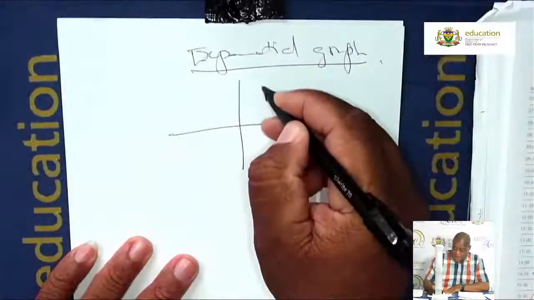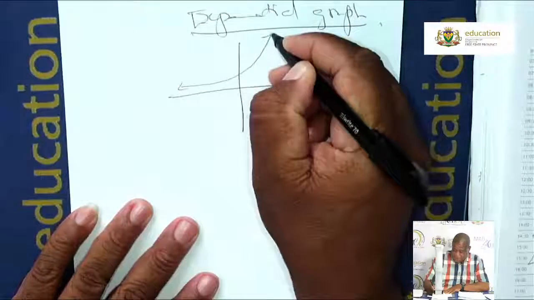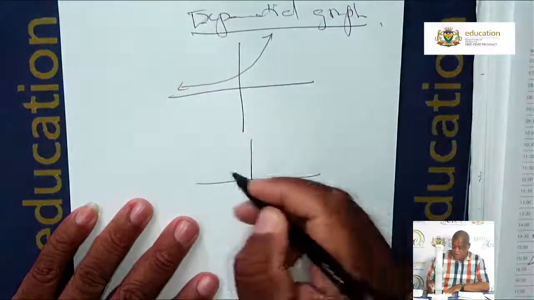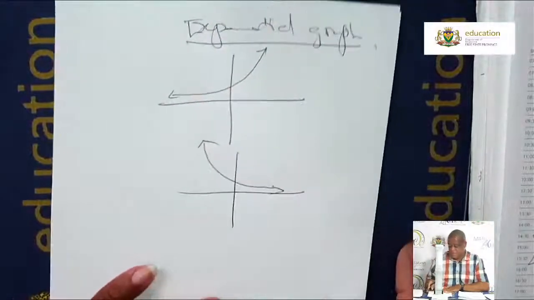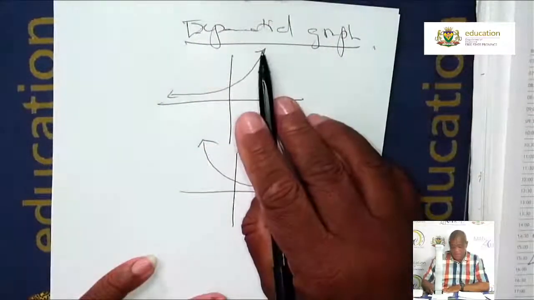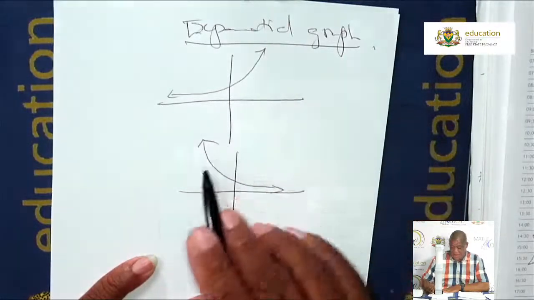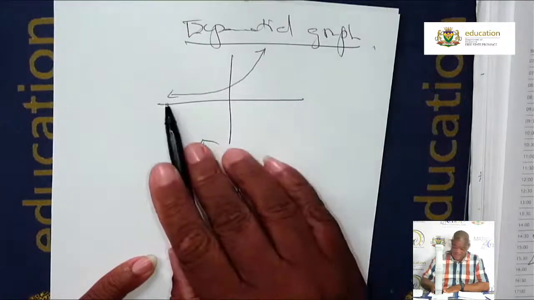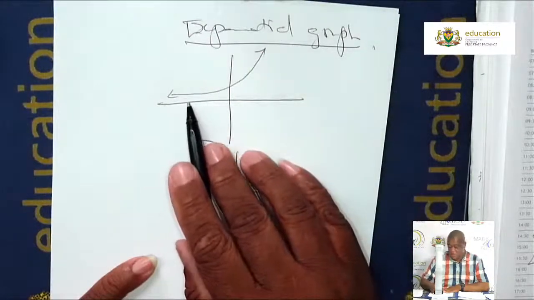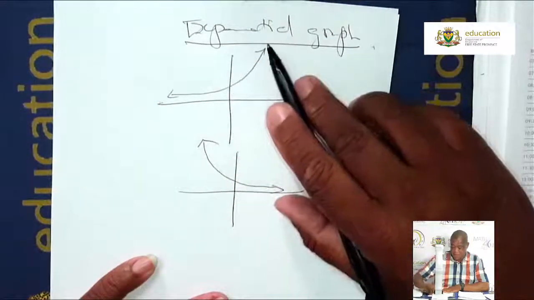It may appear as an exponential graph of this nature, or of this nature. If you look at this one, we say it is an increasing function, whilst we look at this one as a decreasing function. It's increasing because as the values of x increase, the y values of the graph also increase.